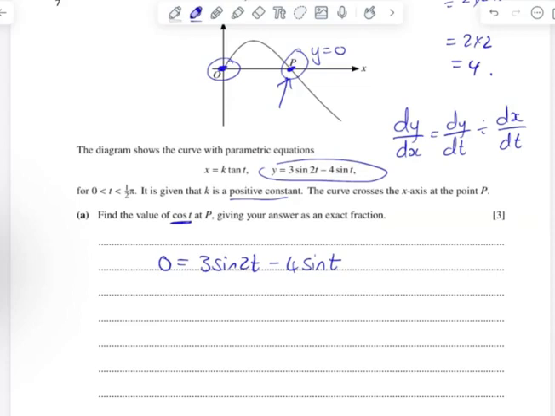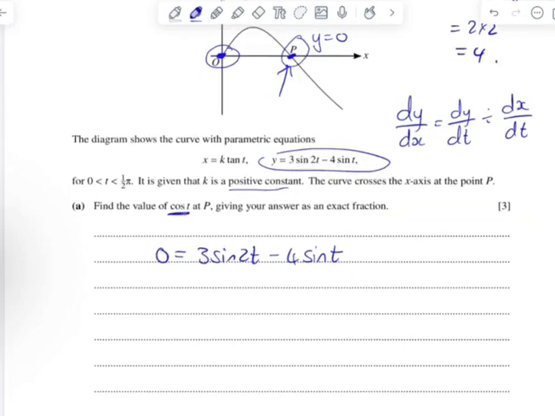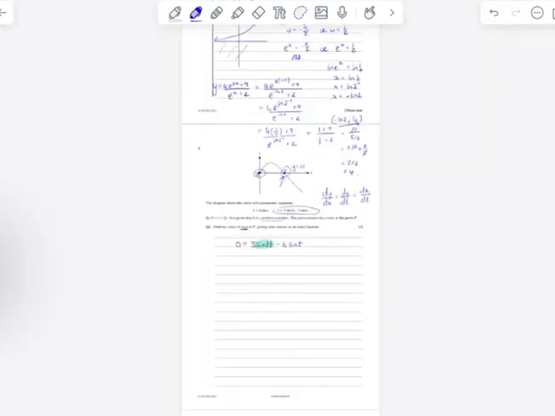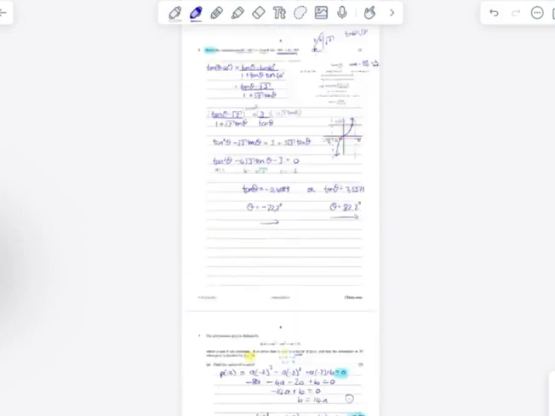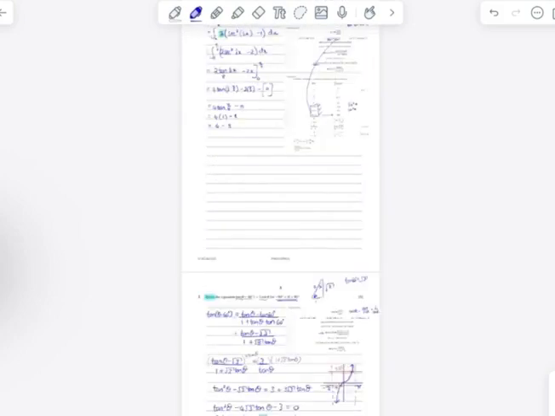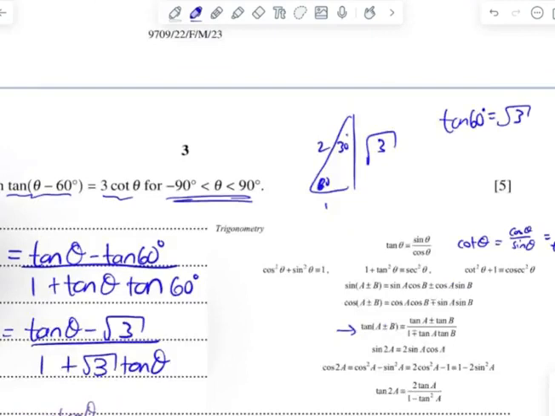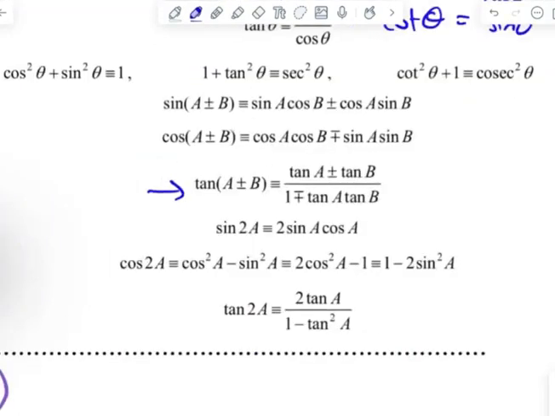I've got an equation. There's no cos in this equation, but I do have a sine of a double angle. Okay, so if you go and take a look at your trig, MF19, your sine double angle is over here. So it's going to be equal to 2 sine theta cos theta.